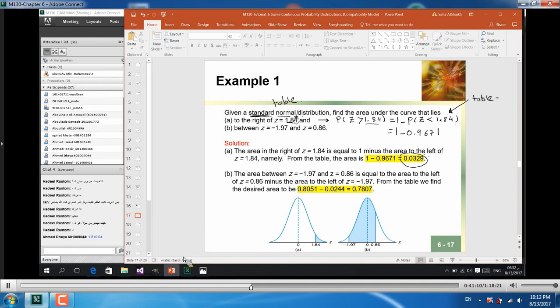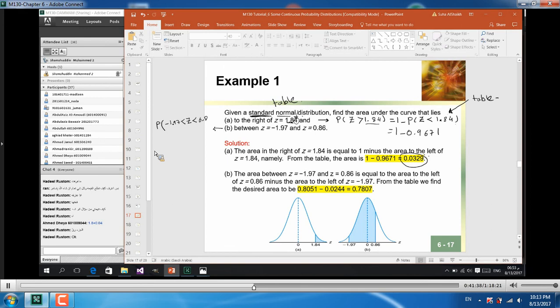Part B now wants the probability between minus 1.97 and 0.86.